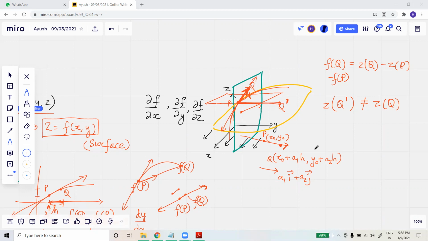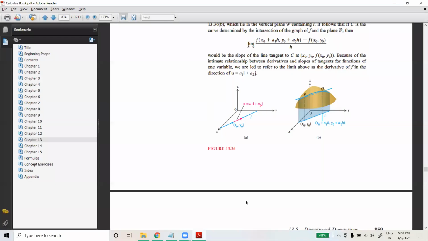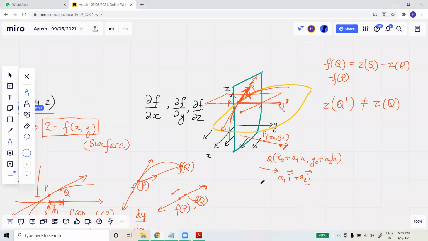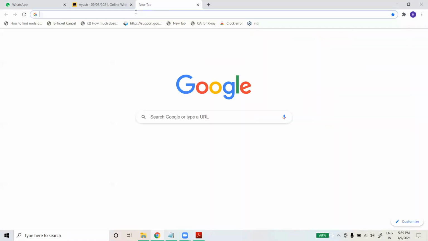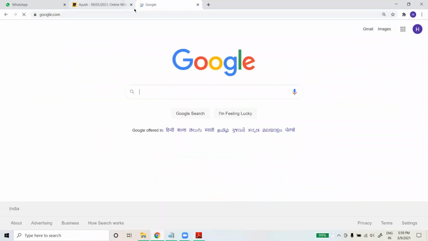Okay, the formula is like finding the partial derivative of this. It's the same thing as, I think, if our unit vector is u equal to a1i plus a2j, like that. Okay, I think that was the formula. Is it clear or not?